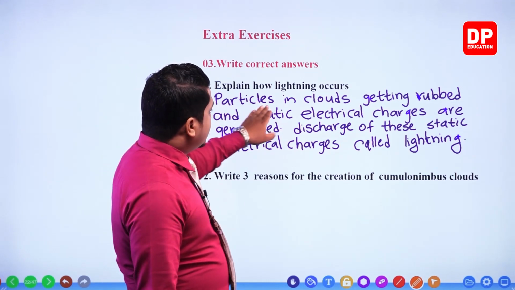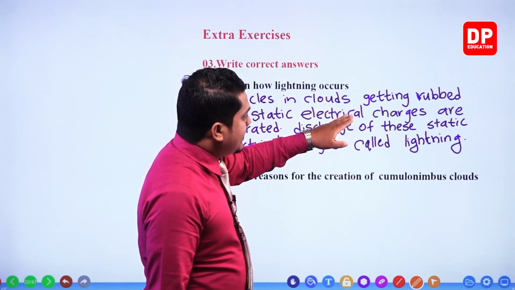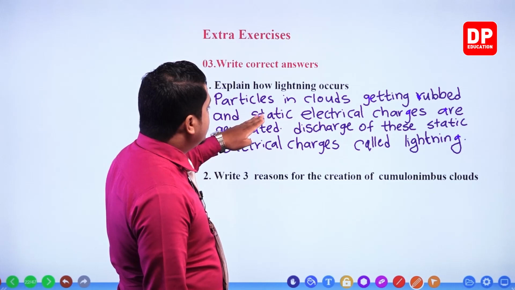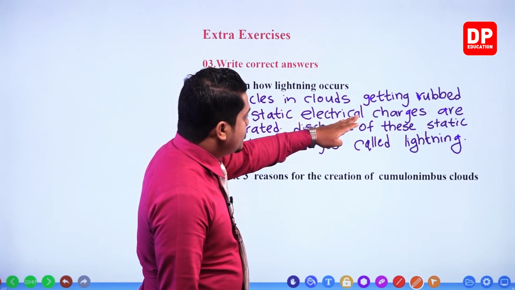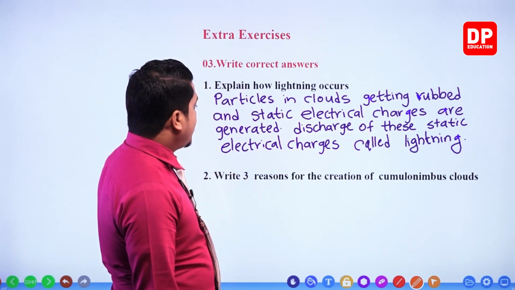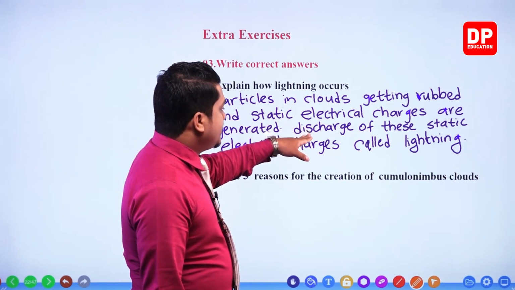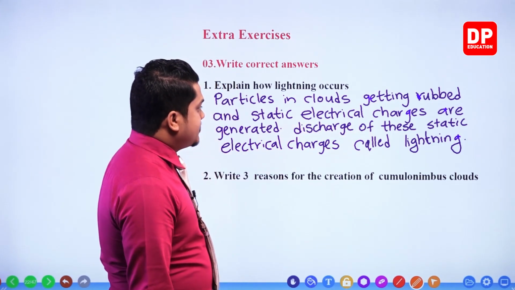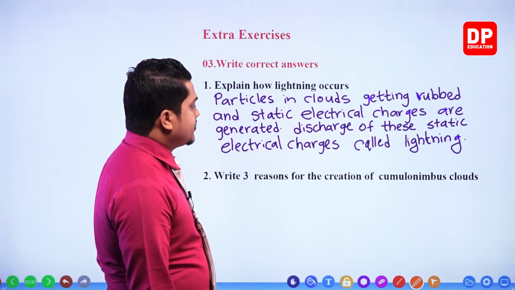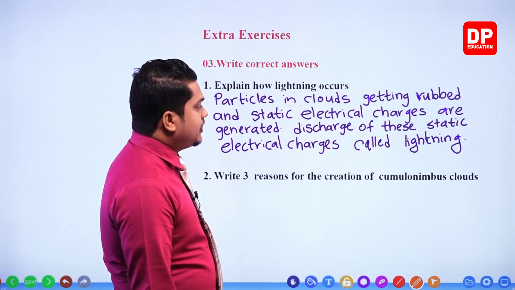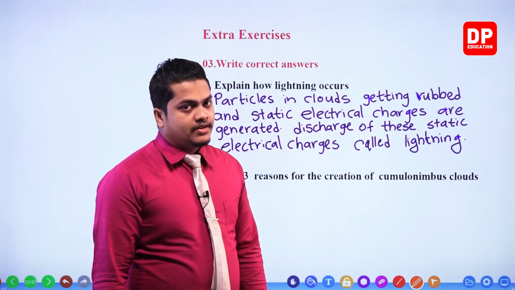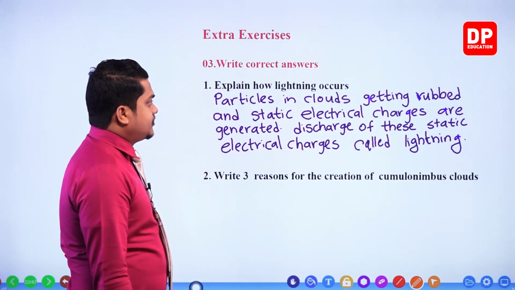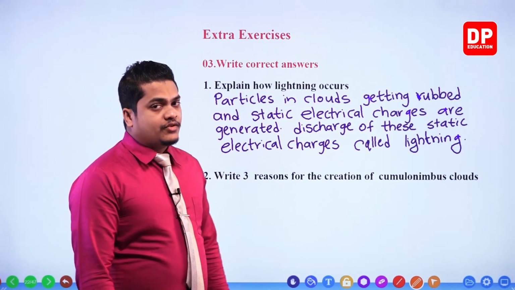So particles in clouds getting rubbed and static electrical charges are generated. Discharge of these static electrical charges is called lightning, right? Okay, so this is how lightning is going to occur.